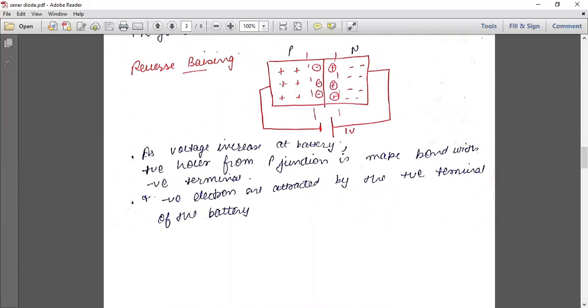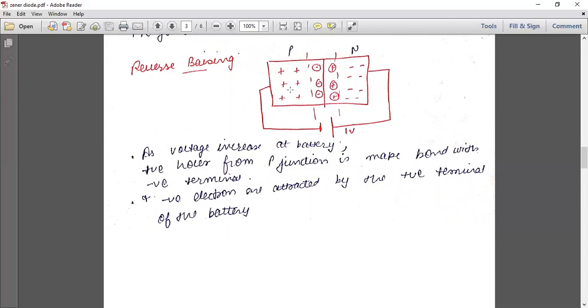In case of reverse biasing, the P-type semiconductor is connected to the negative terminal and the N-type semiconductor is connected to the positive terminal. As we start supplying the voltage, suppose initially it is 1 volt. Initially the positive holes are attracted towards the negative terminal and the negative electrons are attracted towards the positive terminal, due to which the depletion region increases.